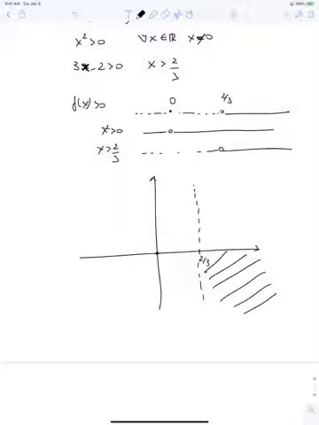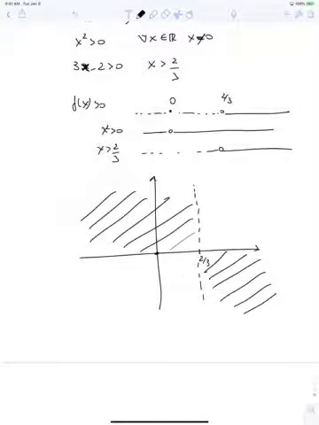Then it's going to intersect in 0, and the function is going to be negative in this part of the plane. So the function is going to go to this point, like with a tangent, but then it's going to be negative again, and then it's going to intersect in 2 divided by 3.